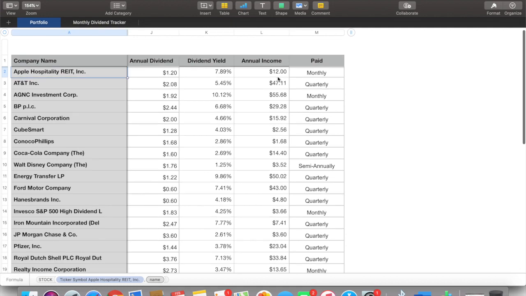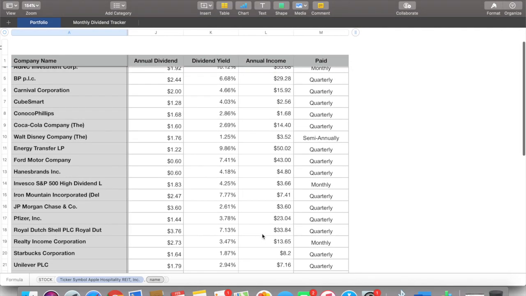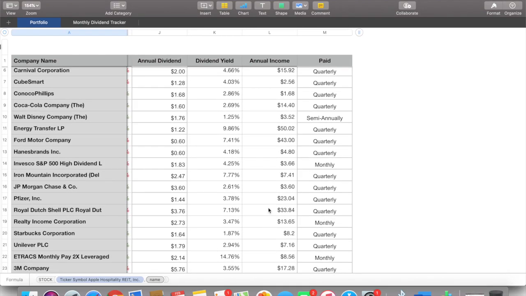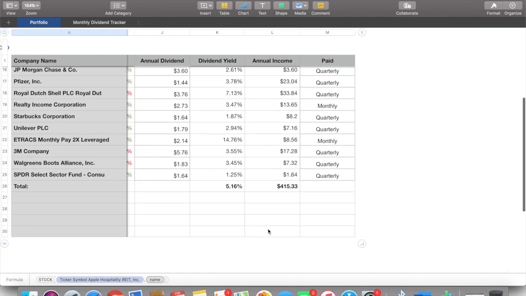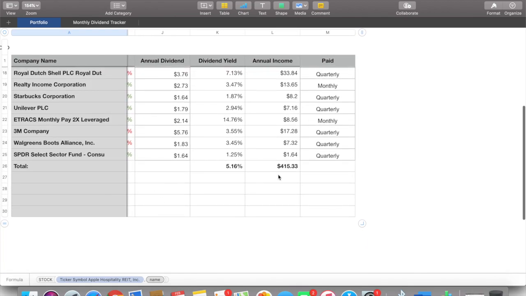AT&T right here, and then if you do that all the way down, do the math, it comes out to all these different numbers. As you can see, I'm getting $12 here, $47 here, $55 here, $29 here, $3.52 here, $14, $50, $43. Let's keep on going down. $7, $23, $33, $7, $8, $17, and then $1.64, and then we come down to my total for all my companies and all the shares that I own, and that pays me $415.33.